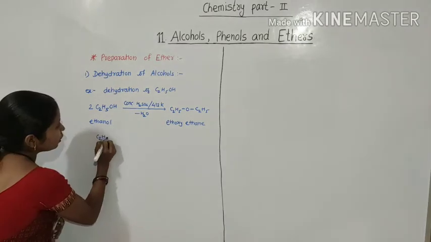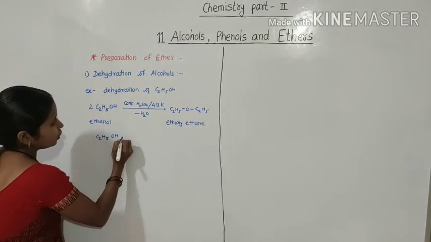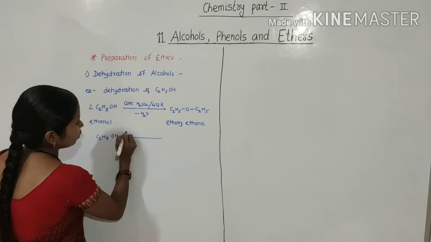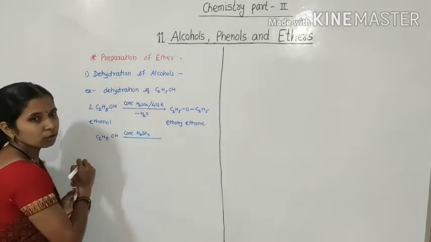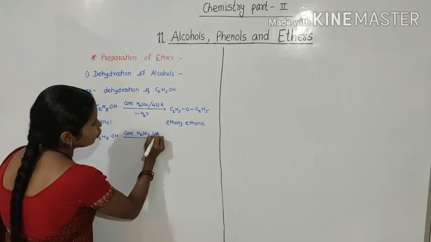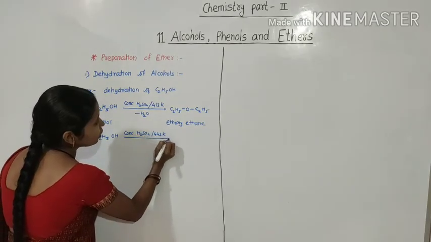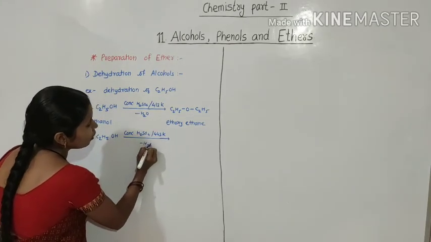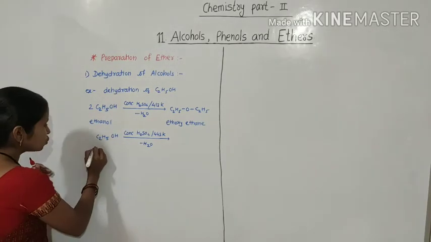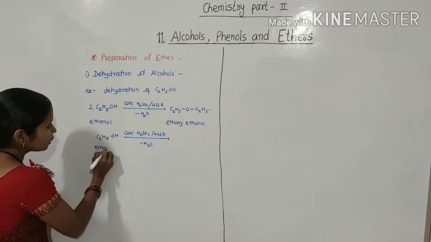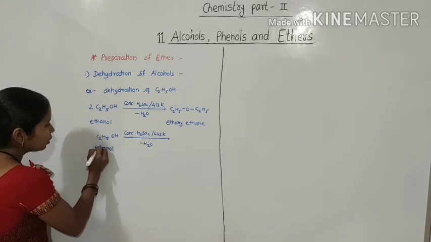Then the second one: ethanol is heated with a dehydrating agent like concentrated H2SO4 at 443 Kelvin to form alkene. Here we take the example of ethanol.